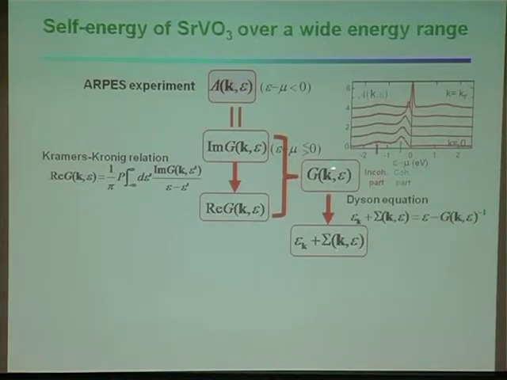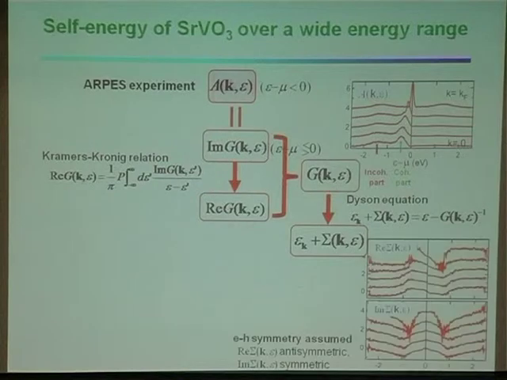Then put this Green's function into a Dyson equation to deduce the self-energy. So basically, this gives you the real part and imaginary part of the self-energy.